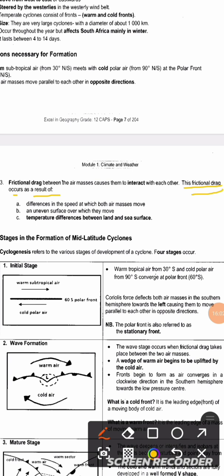So another necessary condition needed for a mid-latitude cyclone to occur is frictional drag. Here they explain to us what causes frictional drag.